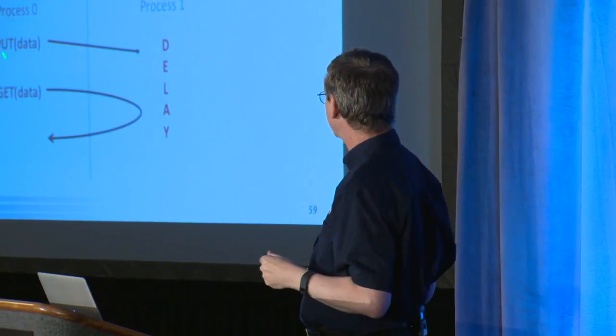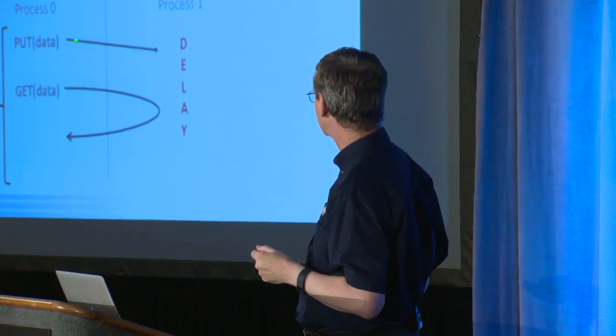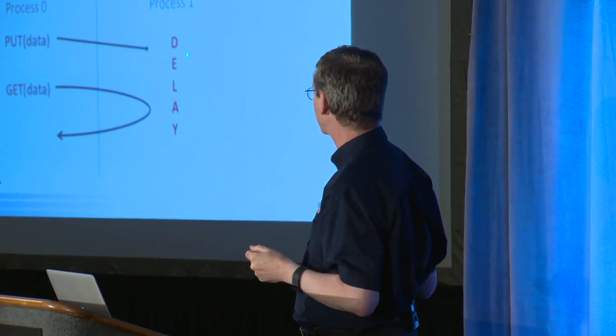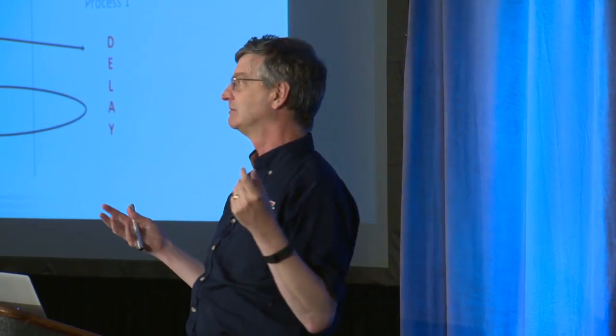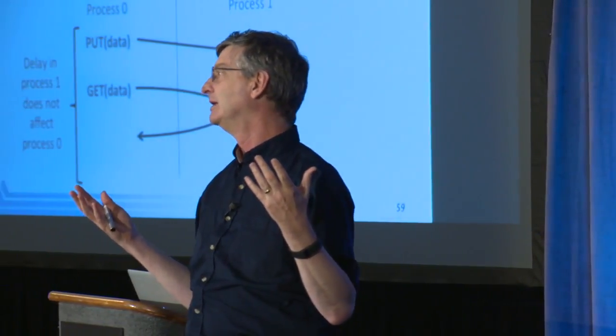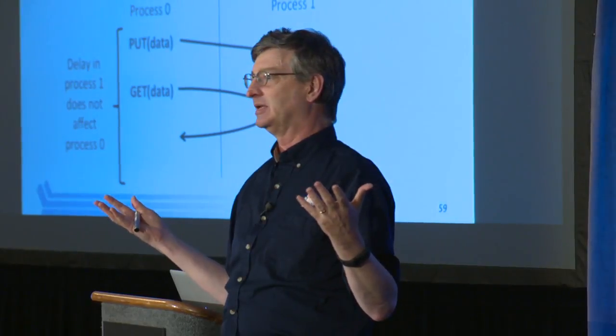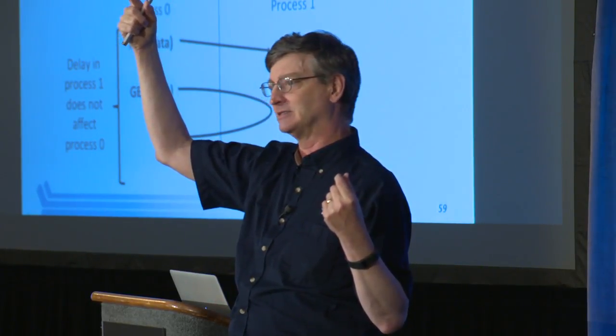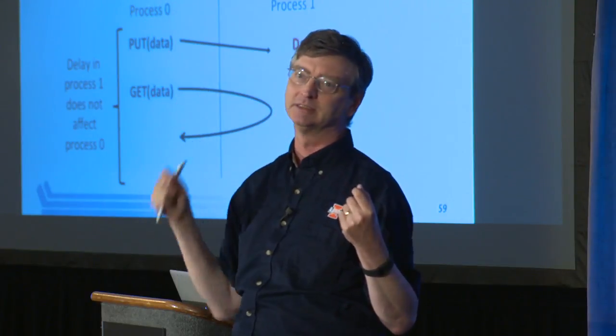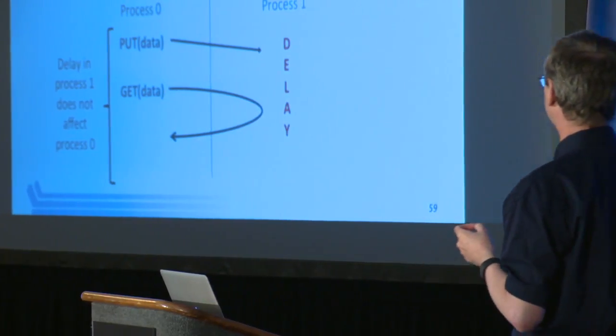In the one-sided case, I just put, and the data arrives over at process one, possibly without that process doing anything else. So as I'm looking at my code, there's no way for me to say that before then, that data is undefined. After this moment, I know that the data has been updated.